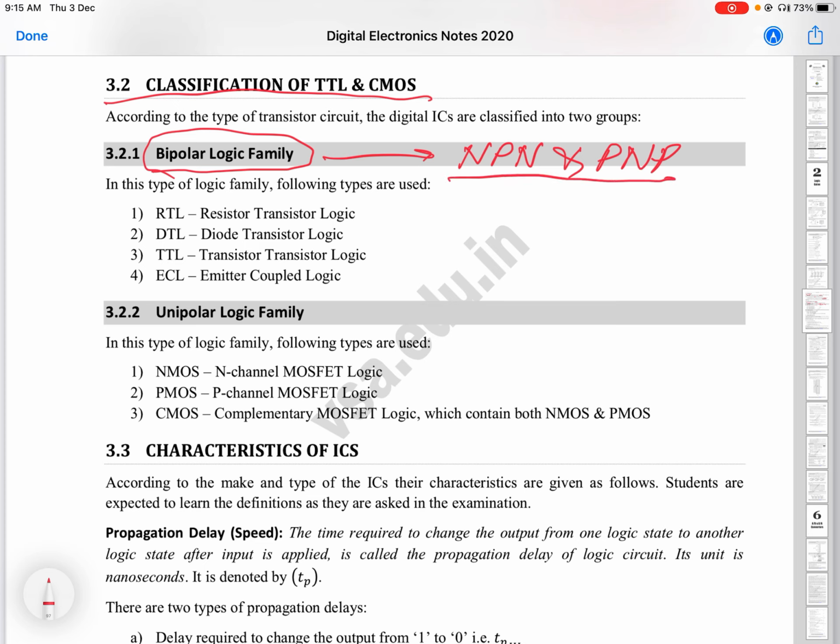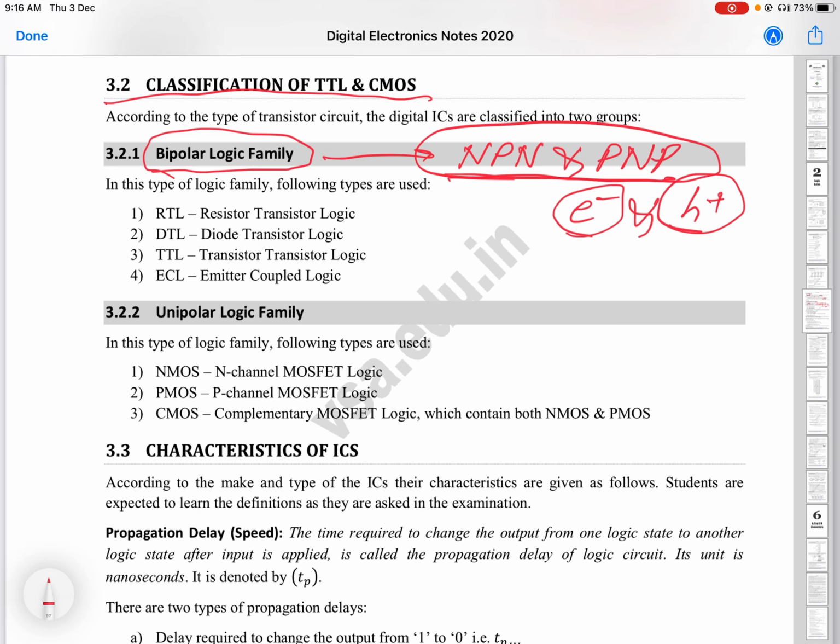Now, these transistors carry electric current with the help of electrons and holes together. That is, whenever the current flows through NPN and PNP transistors, the current is carried by the electrons, particularly the free electrons, and the positive charges, that is holes.